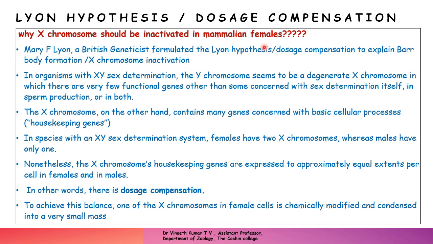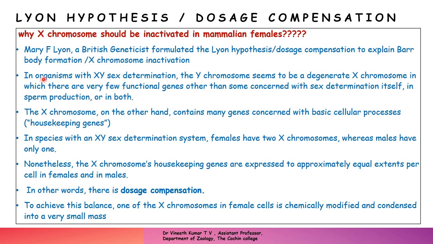To avoid this, a process called dosage compensation happens. Dosage compensation can happen in many ways. In mammalian females, it happens by the formation of the Barr body, where an X chromosome is inactivated and condensed.